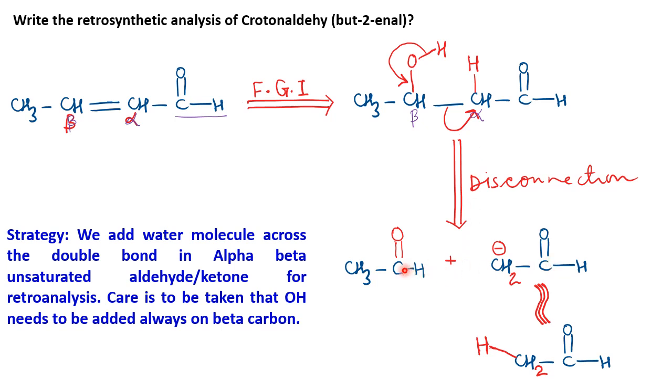You get two fragments, and then you convert the unstable fragment into a stable fragment by giving it H plus. So now we have got these two starting materials. This we can use to complete our synthesis. When we react these two molecules together, we will get our target molecule. So let us see how we are going to do that.